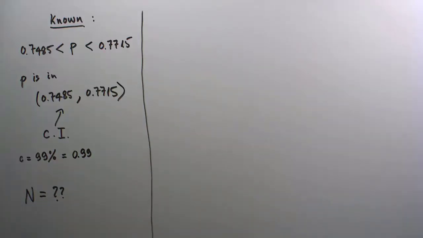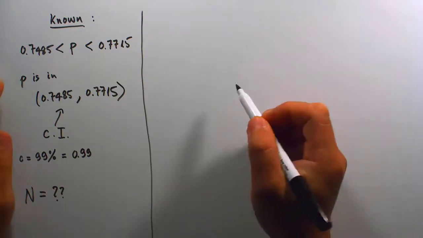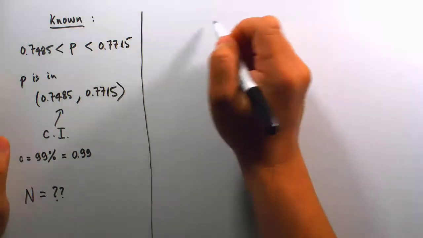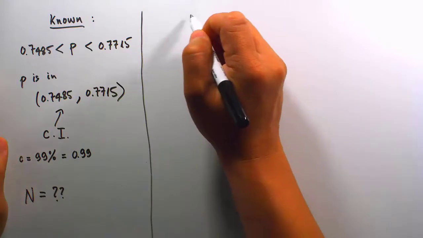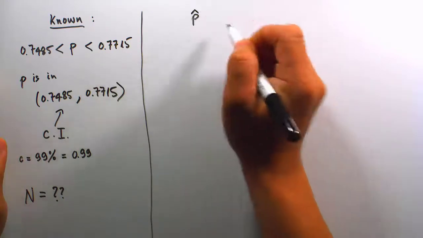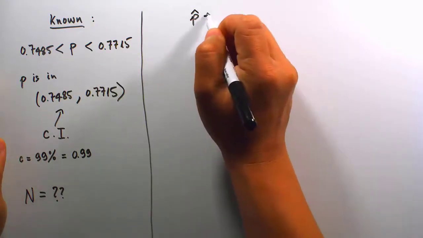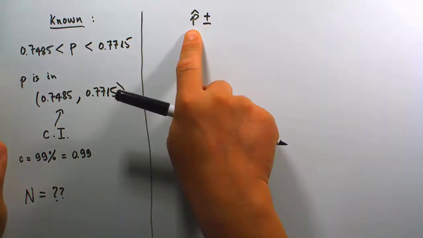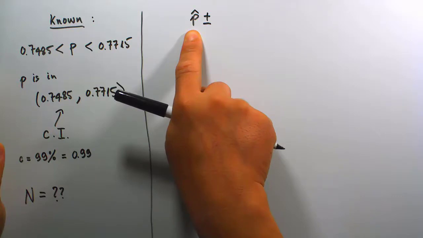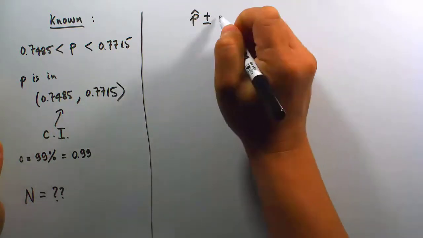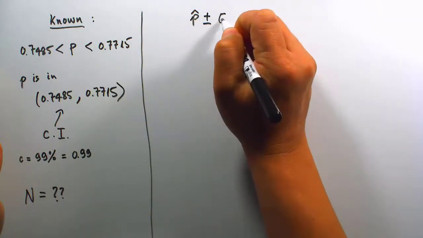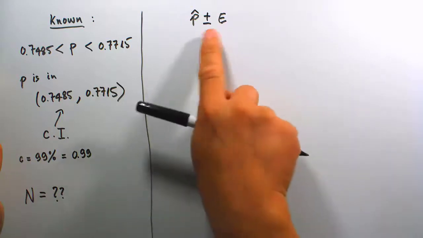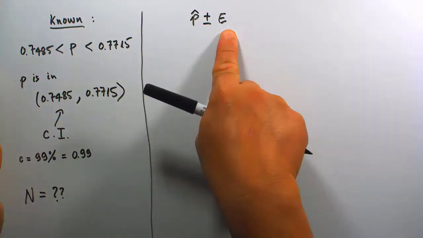And now here is how we start. Once again, any confidence interval, known or unknown, is in the format of taking some p hat, some sample proportion value, to be in the middle of the interval. The low and high ends of the interval come out by adding or subtracting a margin of error.